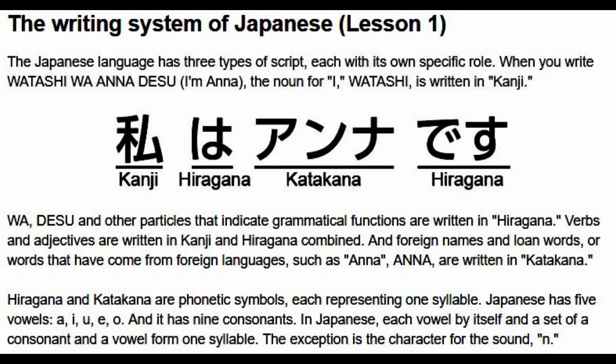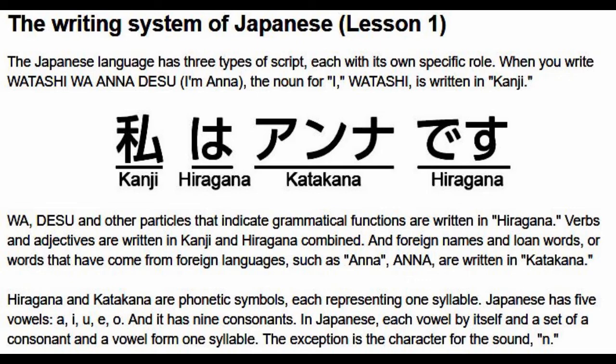When you write 私はアンナです, I'm Anna, the noun for I, 私, is written in kanji. は, and other particles that indicate grammatical functions, are written in hiragana. Verbs and adjectives are written in kanji and hiragana combined. And foreign names and loan words, or words that have come from foreign languages, such as Anna, or a word like radio, are written in katakana.